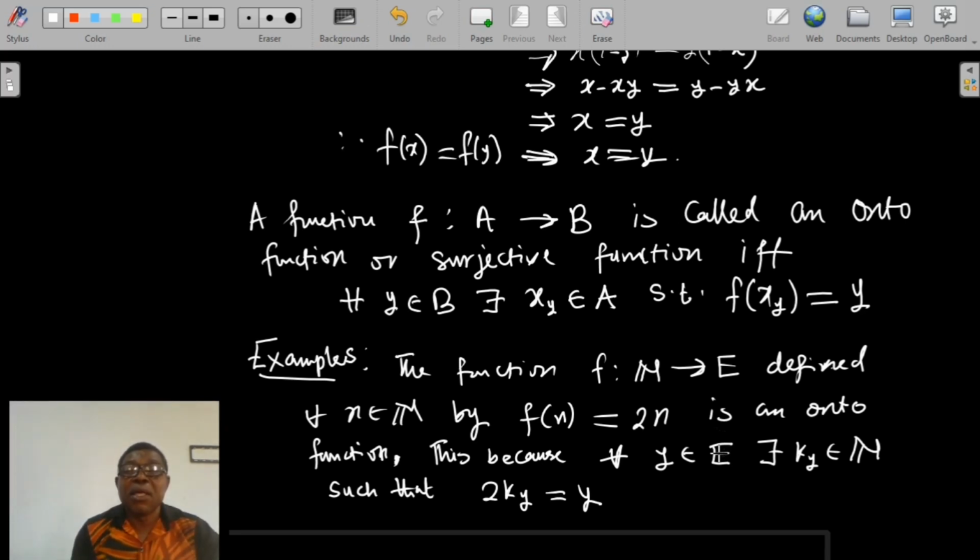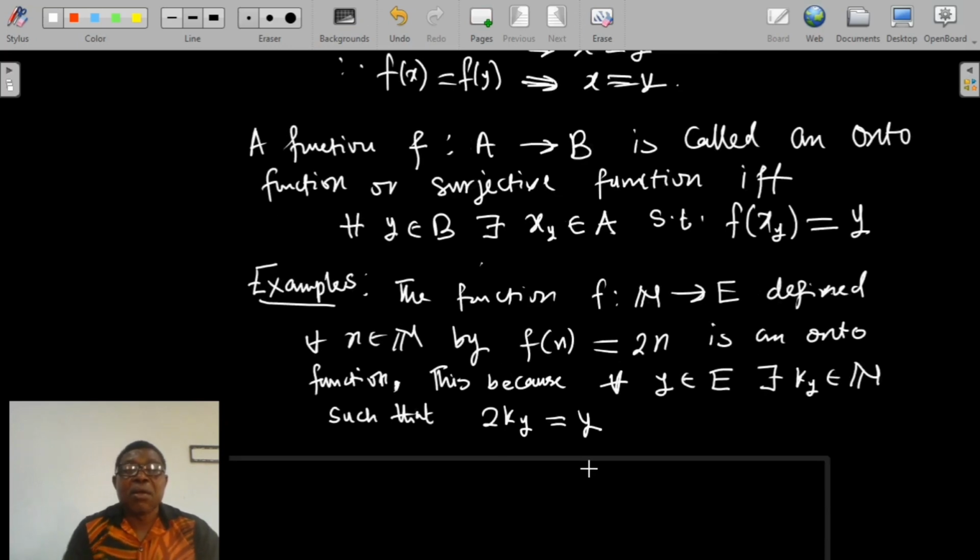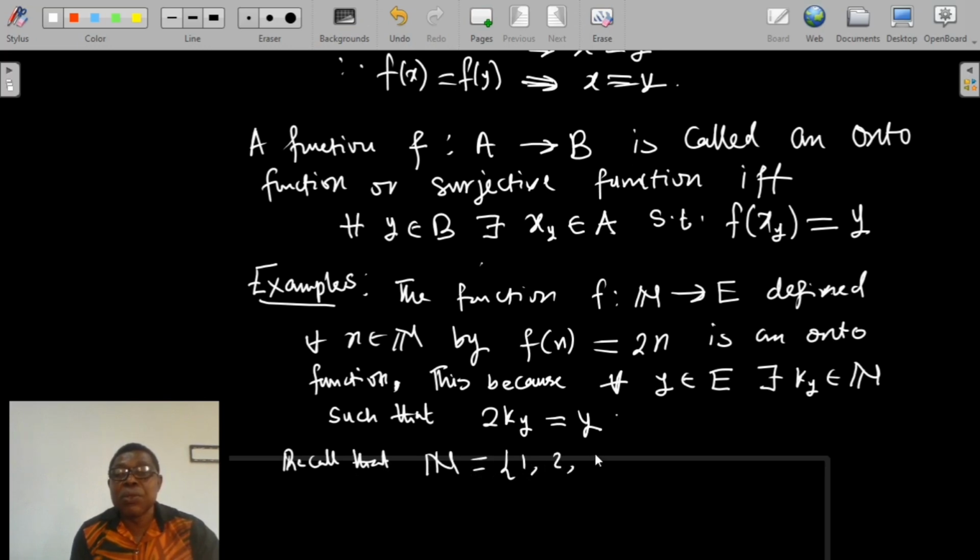Recall that N is equal to the set of natural numbers 1, 2, 3, and so on, while E is equal to the set of even numbers 2, 4, 6, and so on.